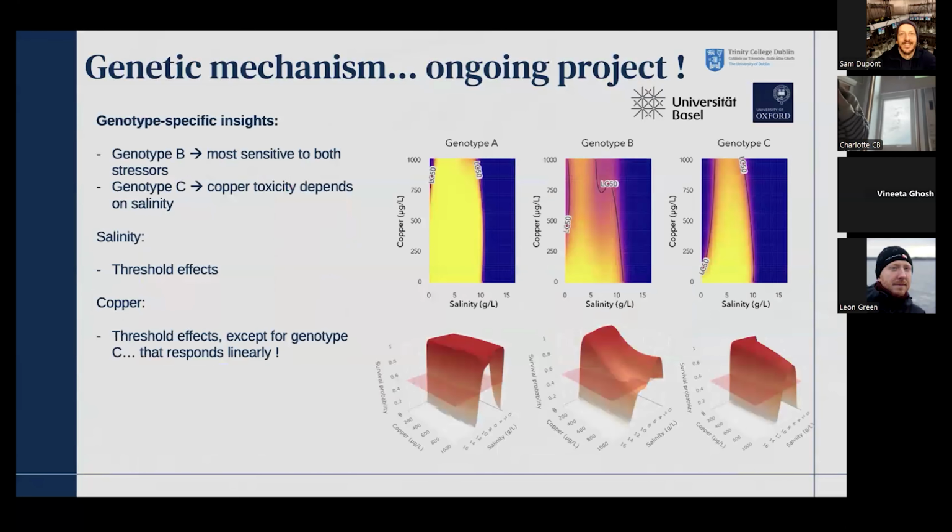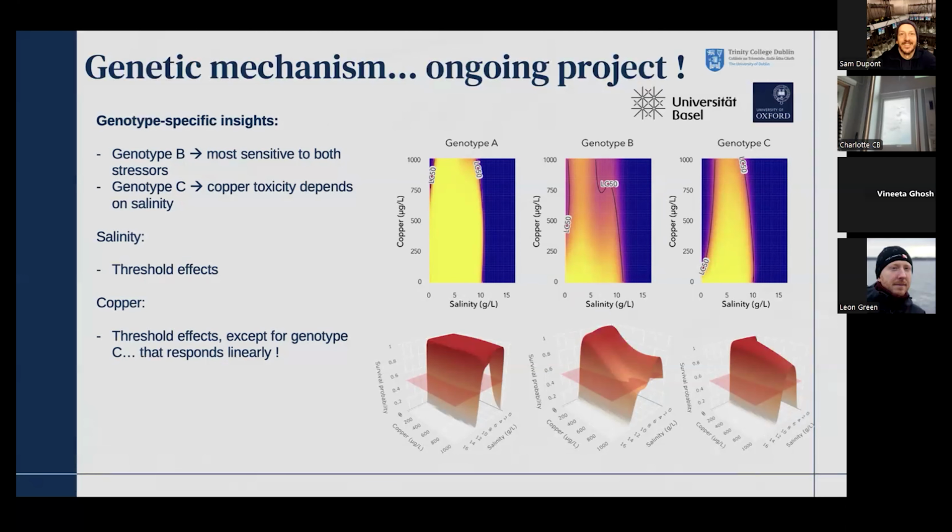I'm sorry for the lack of interpretation, but we saw that although our genotype B was meant to be the most salt tolerant, because it came from rock pools in intertidal environments, it turned out to be the most sensitive to both stressors, which was a surprise for us.